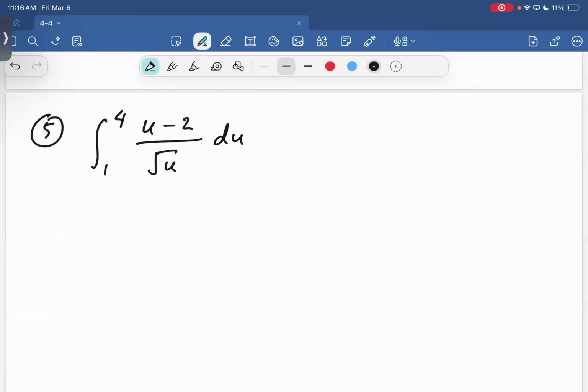Okay, so let's try to first calculate the indefinite integral, right? So let's get rid of these limits of integration and see how we would calculate this. What would be the first step here? We should split it up into 2 fractions, right? So we should do u over square root u minus 2 over square root u du.